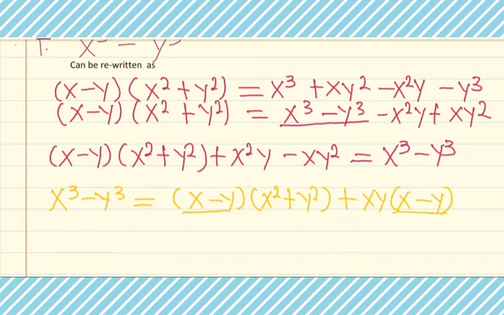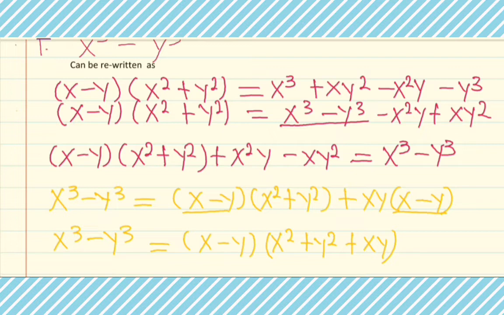That means on both sides of the equation, we have a common factor of x minus y. So we'll be factoring out the x minus y. So this gives us x cubed minus y cubed equals, we factor out x minus y, then we are left with x squared plus y squared plus xy.